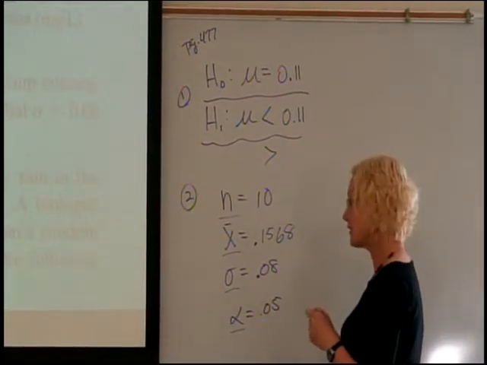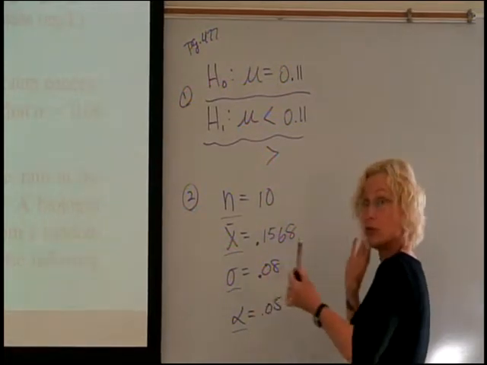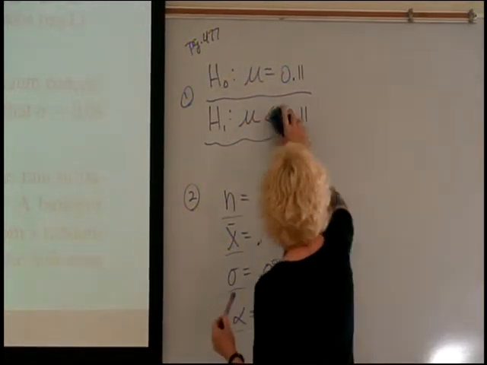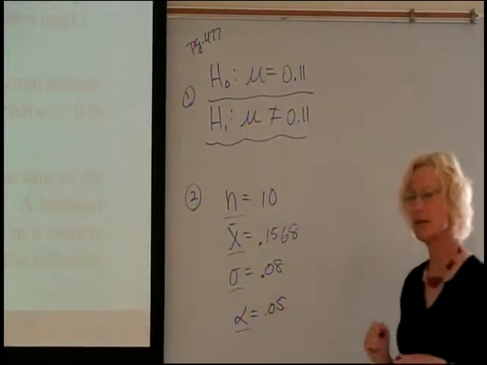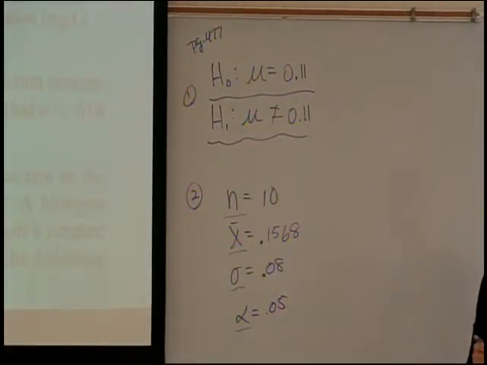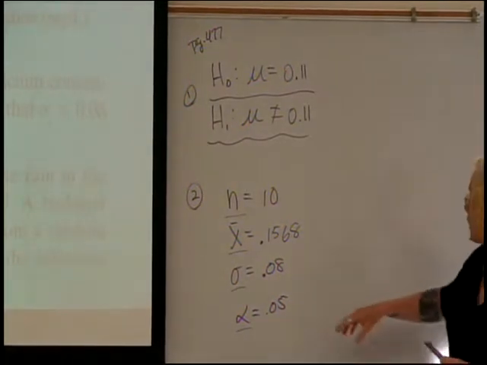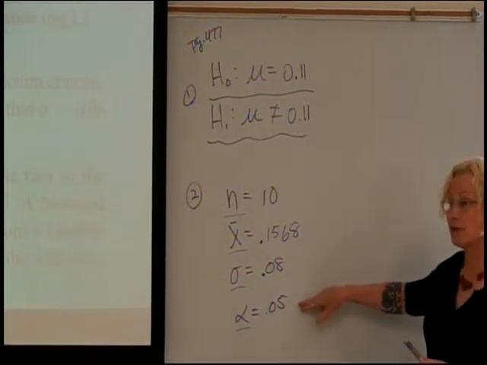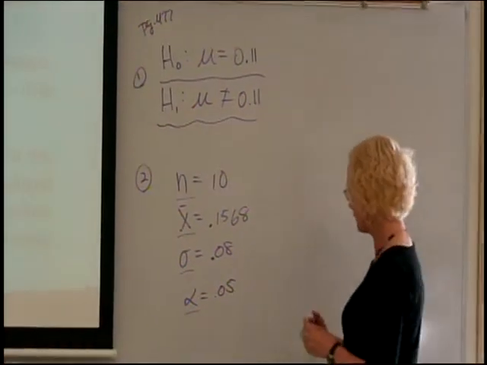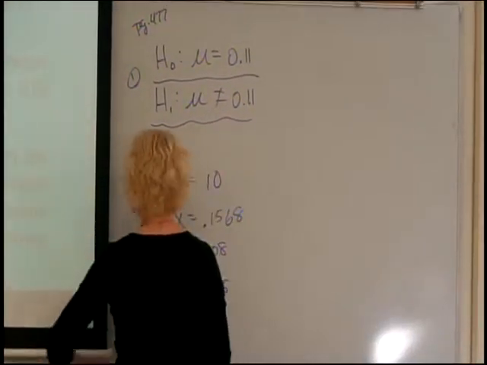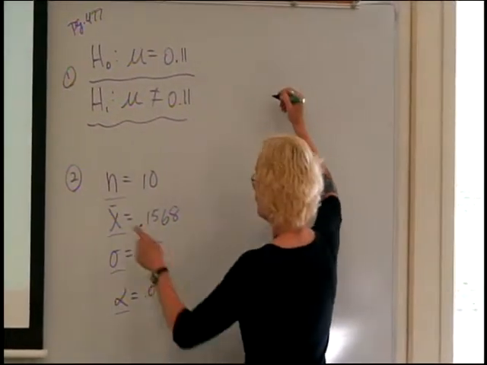But when you're just looking for change in either direction, you're going to use a not equal. Does that make sense? So type of test, right tail, left tail, two tail? Two tail because of the not equal. Okay, so that's step 2.